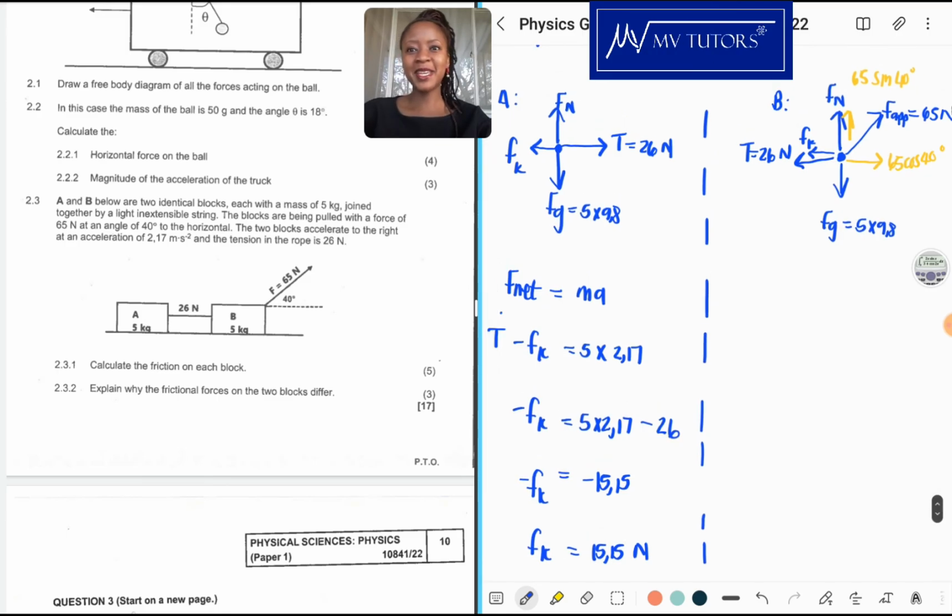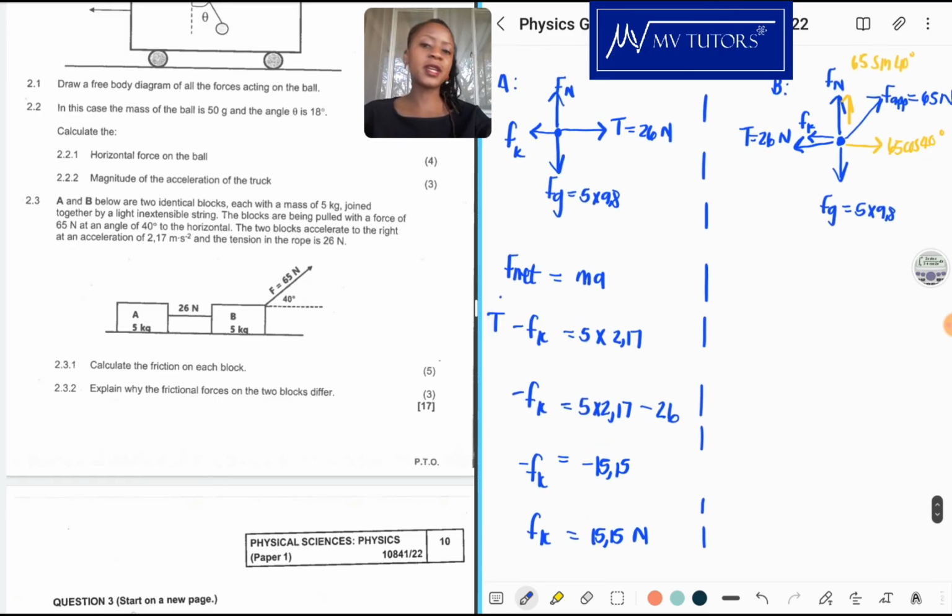Then what about block B? Again, I'm going to just look at the horizontal forces. I know that my net force is equal to mass times acceleration. So I have the force applied minus the tension minus the friction, that's A, that's B, and that will be equal to mass times acceleration.